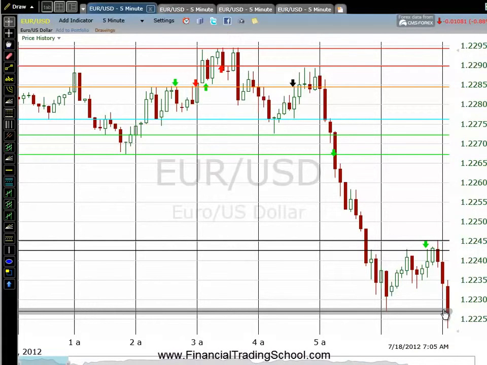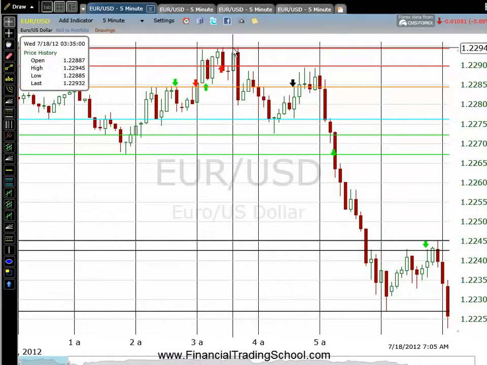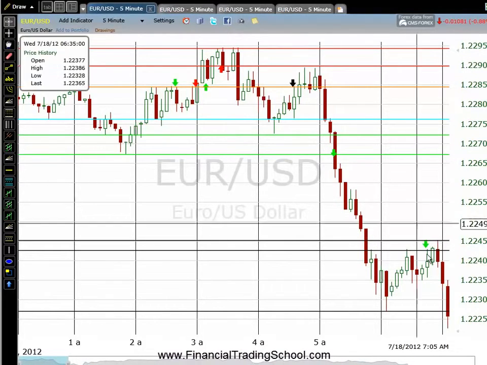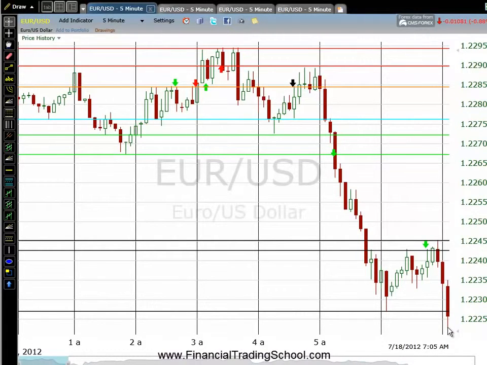In this case, price was up here at 9.5, and so far today it already moved down to 2.3, so that's already an 80 pip move. Can price continue moving downwards today? Maybe, maybe not. Most likely not.